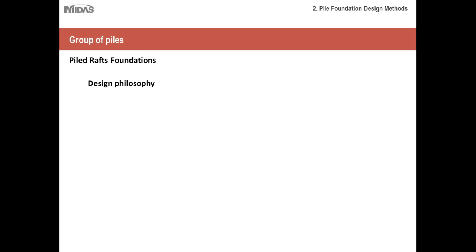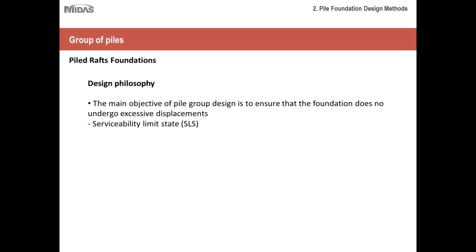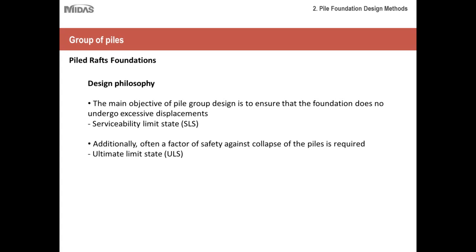So let's check out the design philosophy of the piled raft. The main objective of the pile group design is to ensure that the foundation does not undergo excessive displacement, and this is called the serviceability limit state. Then additionally, often a factor of safety against collapse of the pile is required, and this is called the ultimate limit state.